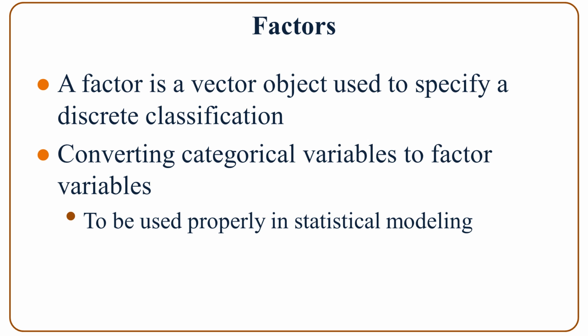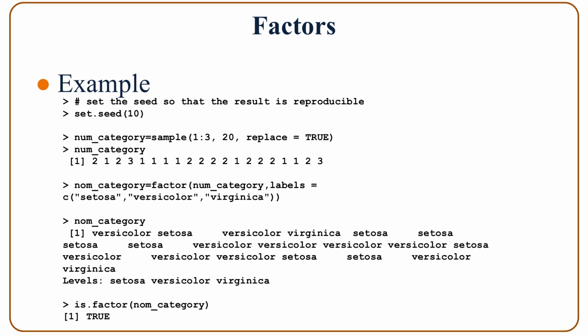First we set the seed so that the result is reproducible, and then use sample to draw a sample of numbers from 1 to 3. So basically we have three numbers 1, 2, 3, and you pull from the sample 20 times with replacement, and the result is this.